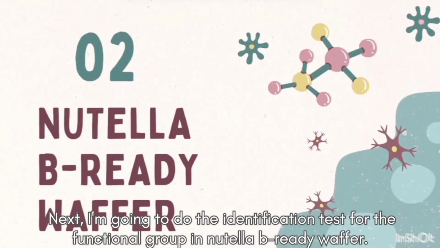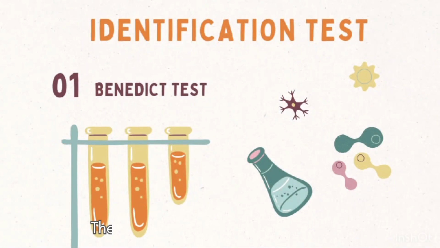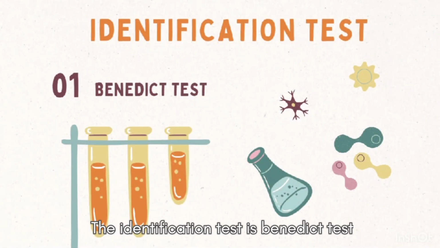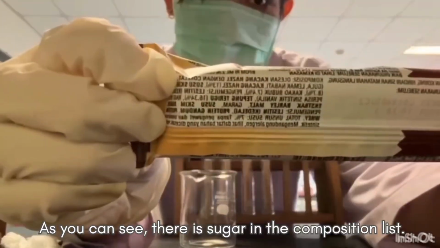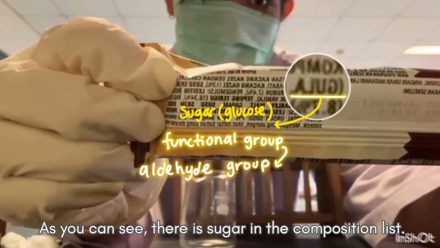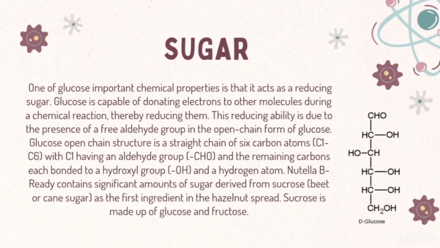Next, I'm going to do the identification test for the functional group in Nutella Be Ready wafer. The identification test is Benedict test. As you can see, there is sugar in the composition list. One of glucose's important chemical properties is that it acts as a reducing sugar.